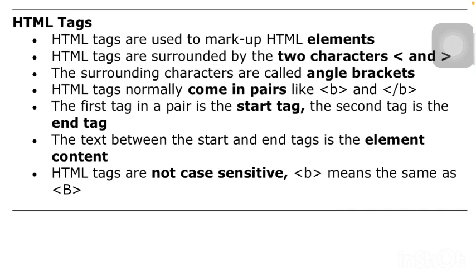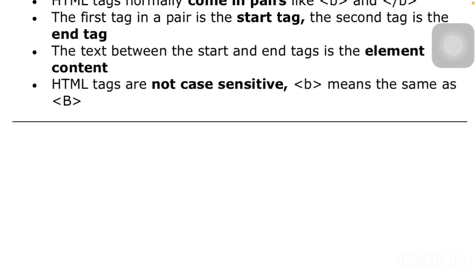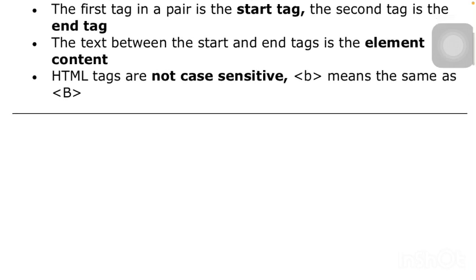A tag normally comes in a pair, like B and /B. In a pair, the first tag is the starting tag and the second tag is the ending tag.